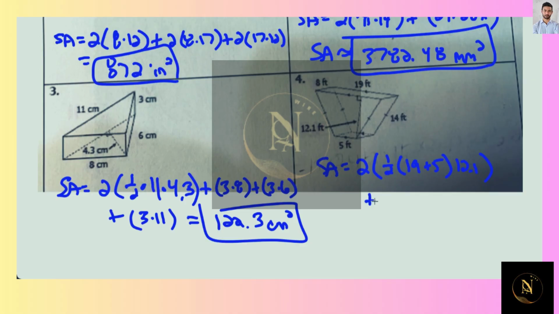To this, we would add, we've got the 2 trapezoids, and now we've got 4 rectangles. The bottom would be a 5 by 8 rectangle. Then the one on the right would be a 14 by 8, which is the same. We've actually got 2 of those. So 2 14 by 8 rectangles, and then we've got the top rectangle, which would be an 8 by 19.